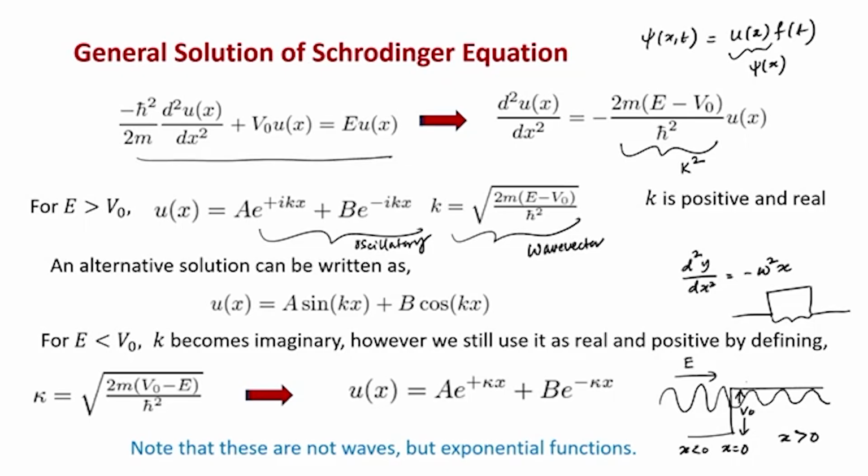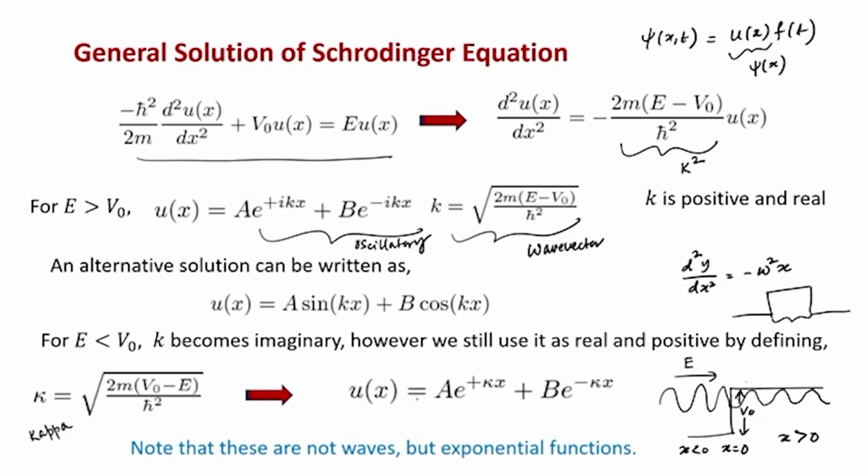Okay. Coming to E less than V0, k becomes imaginary. What we can do is still use this notation, where this is called kappa, and kappa is equal to root over 2m(V naught minus E) by h cross squared. So kappa is like i k.